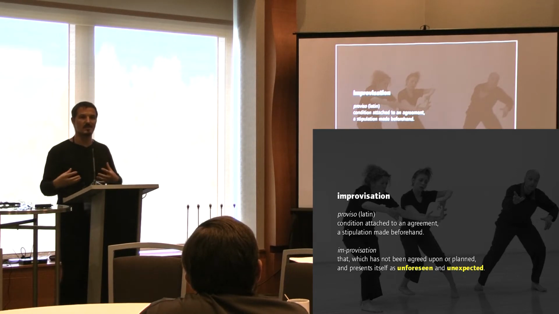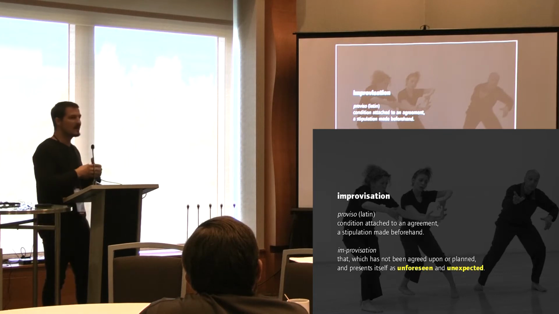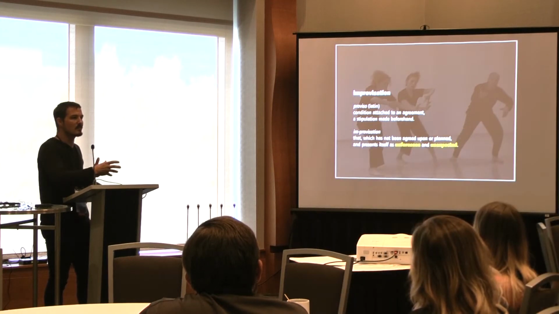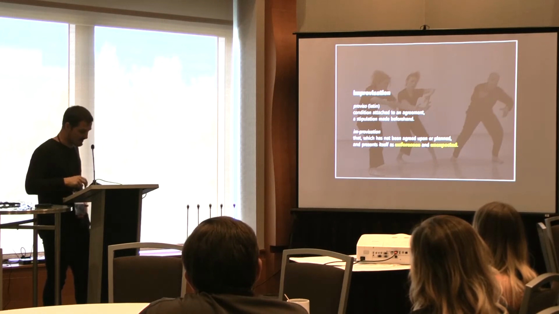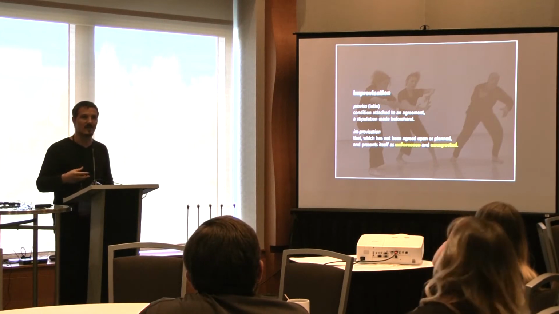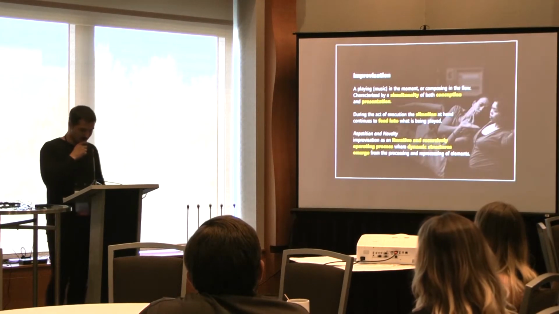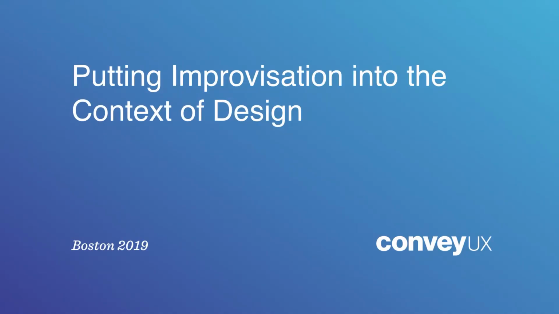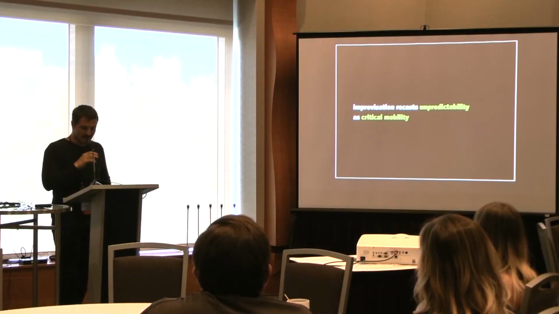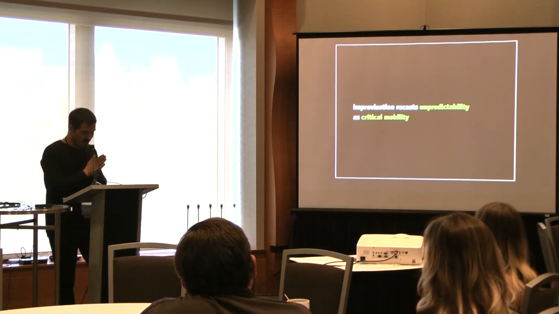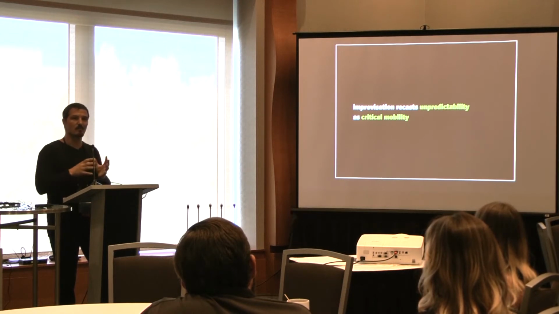And so improvisation is the opposite: an acting without such an agreement, without having a contract beforehand, and encountering the unforeseen and the unexpected. So it's working constructively with what has not been planned, what has not been agreed before. I look at improvisation as a dynamic that recasts unpredictability as a critical kind of mobility.